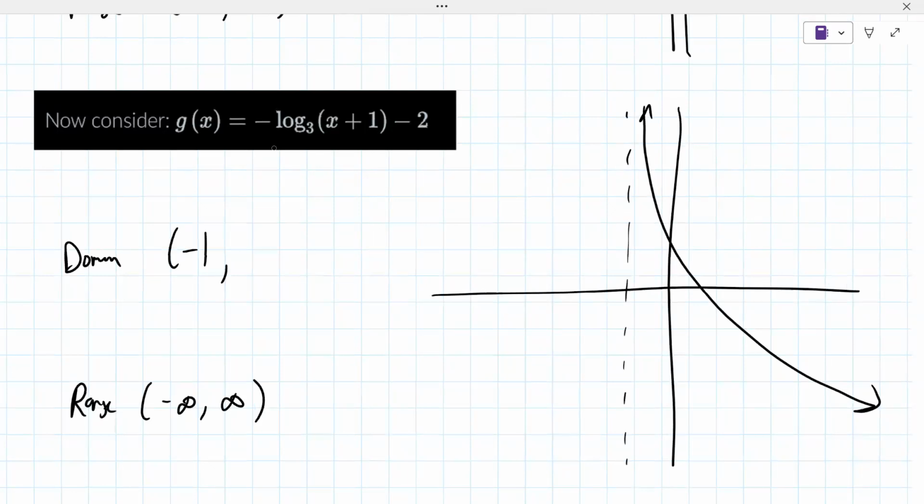It's from -1 to infinity. You still set this x plus 1, this part inside parentheses, greater than 0. Any questions on that? No.